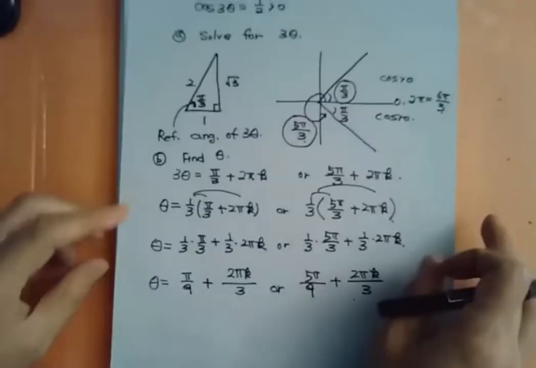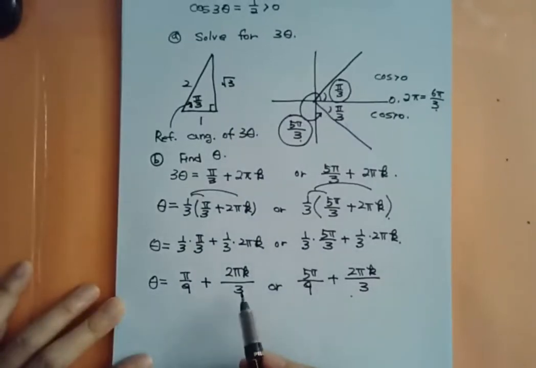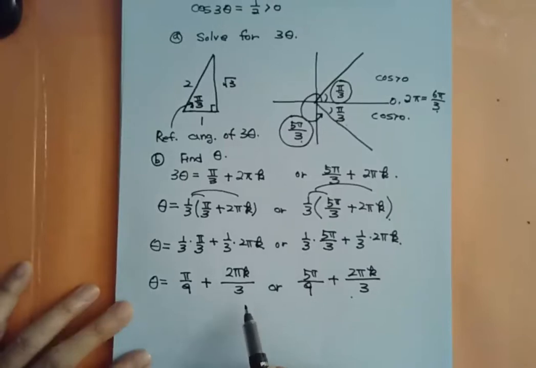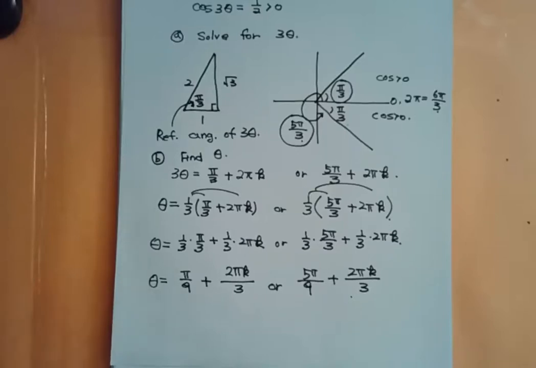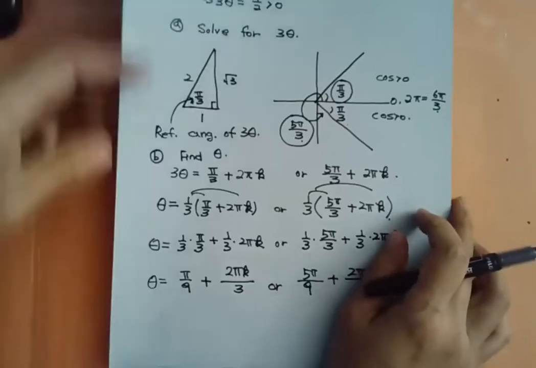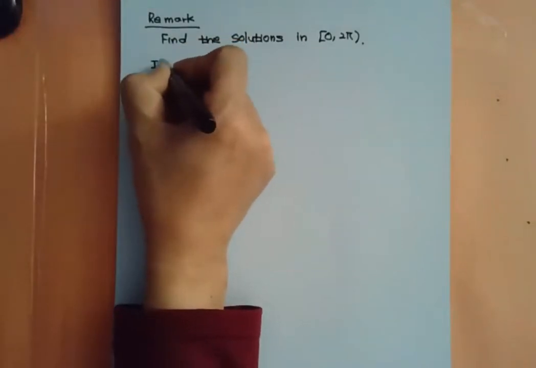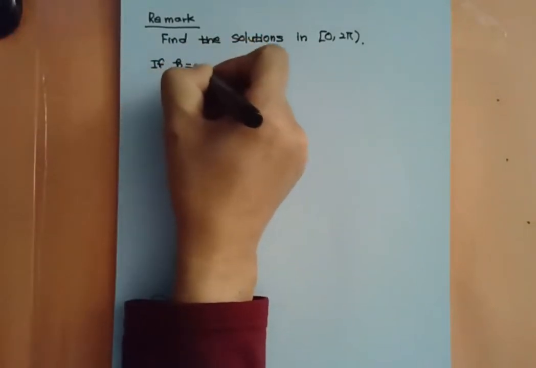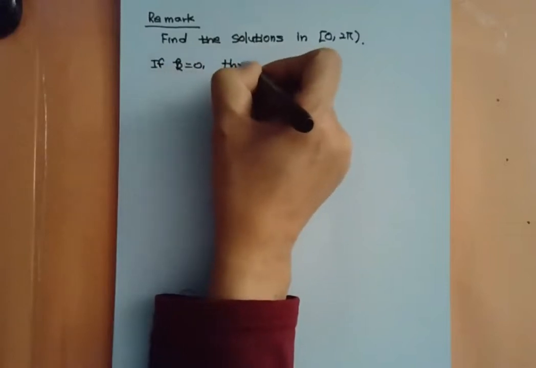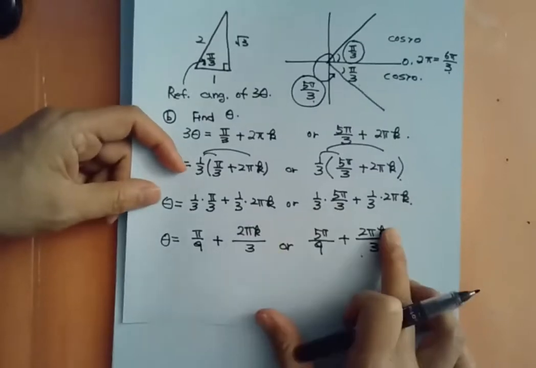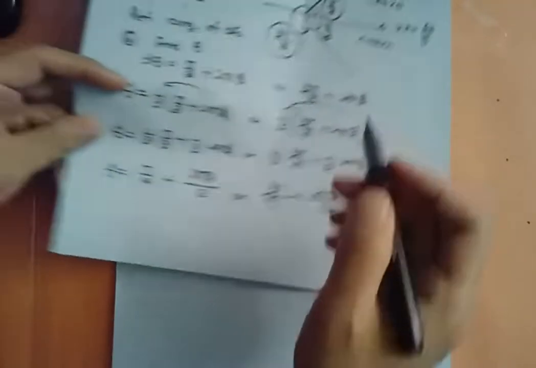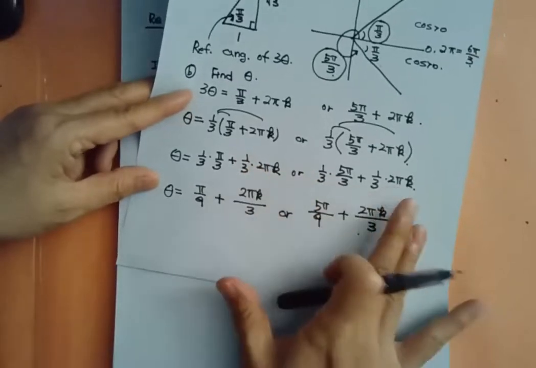When we do that, you will just plug in k equals 0, 1, 2 until you obtain the angle, until the angle becomes closer to 2 pi or larger than 2 pi. If k equals 0, then we plug in k equals 0 here, and so these terms will vanish.